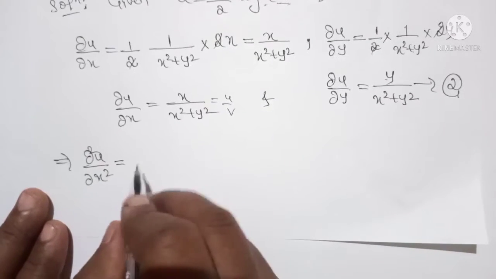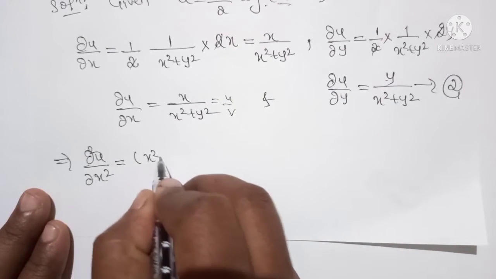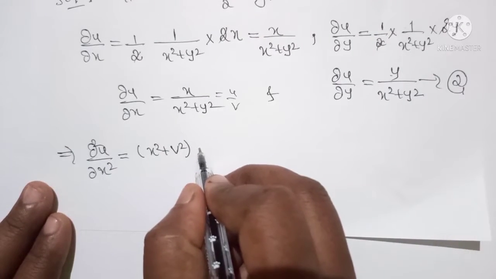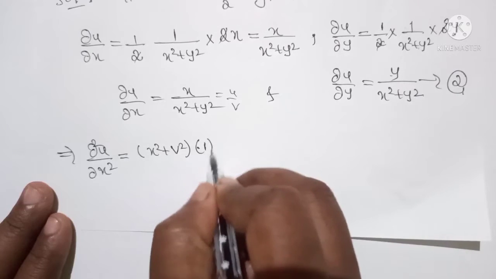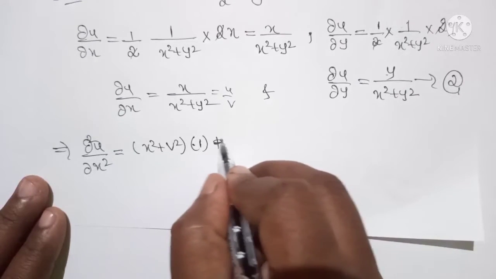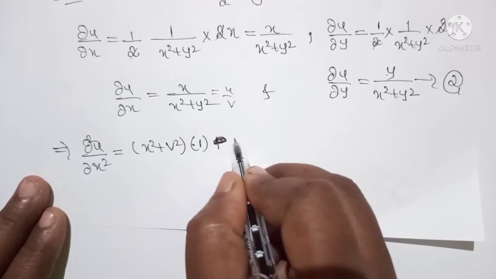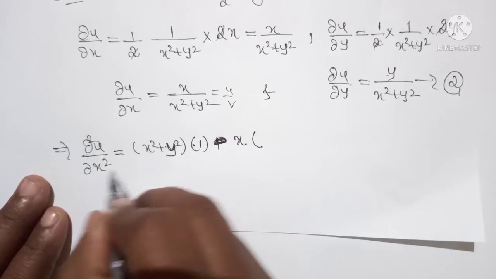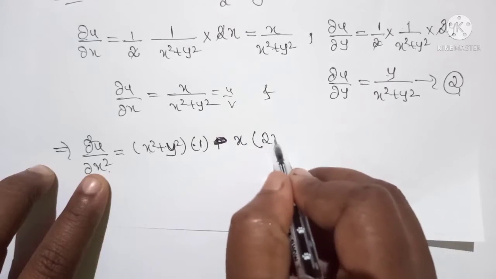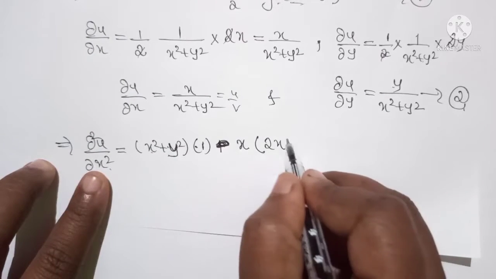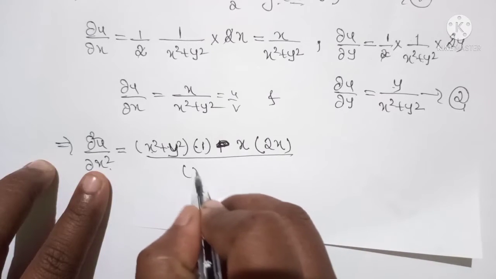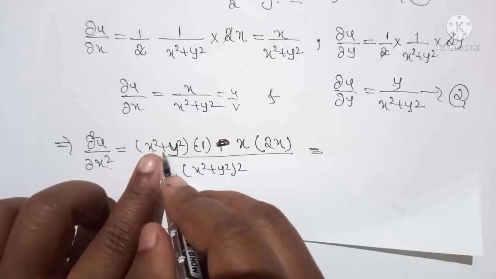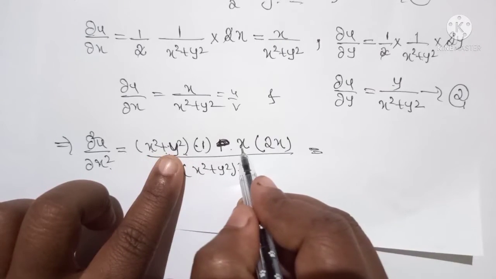For that we write the denominator as it is, that is v as it is, differentiation of x is 1, minus, now x as it is, differentiation of x square plus y square with respect to x is 2x, because y square differentiation is 0, divided by denominator square, that is x square plus y square whole square, which equals x square plus y square, here we get minus 2x square.